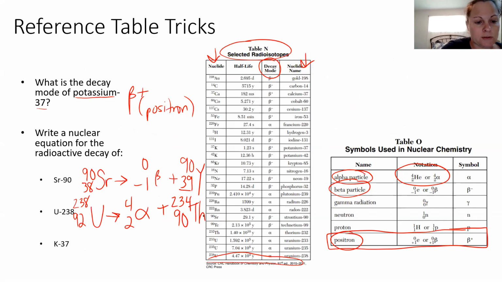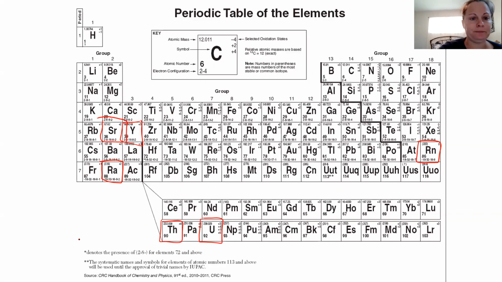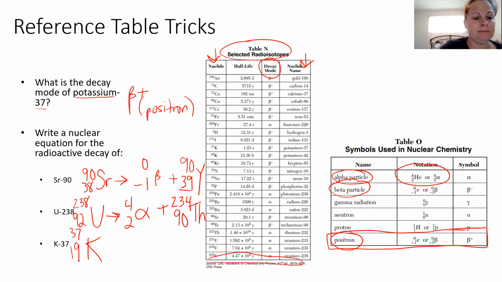Last example that we'll do together, K-37. I need the atomic number for K, which is 19. I've already looked up that it undergoes positron decay from our first question. So the positron symbol is down at the bottom of Table O. 0, plus 1, you can write E or B for beta.